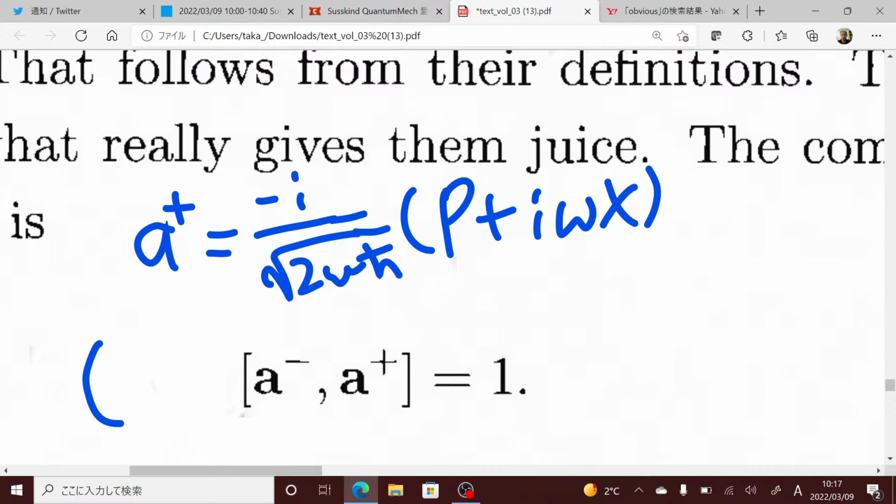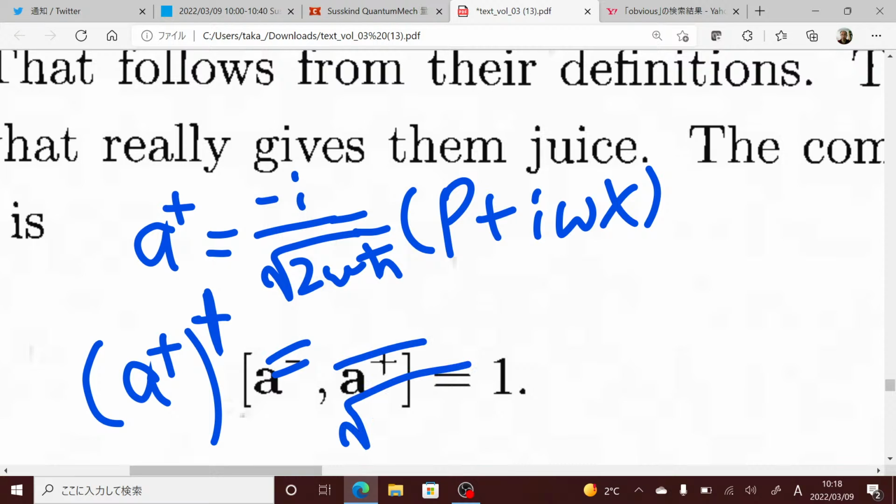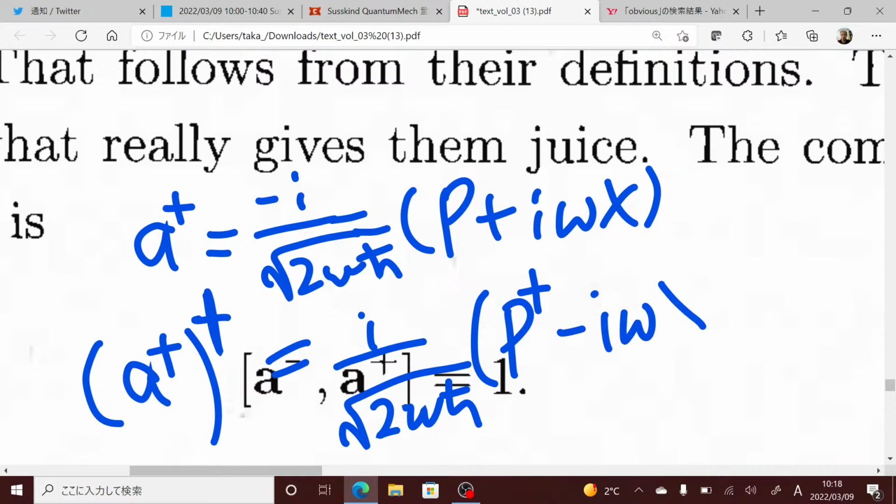A plus dagger equals: you change I to minus I, so you have 1 over square root 2 omega h bar times I, then you have P dagger minus I omega x dagger.